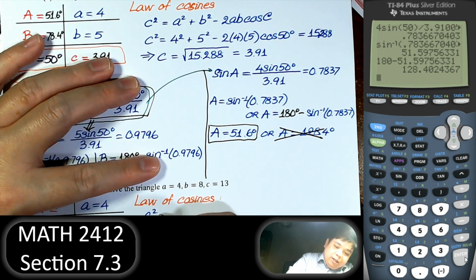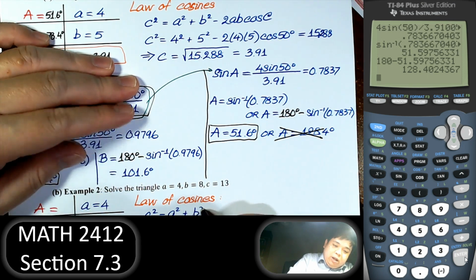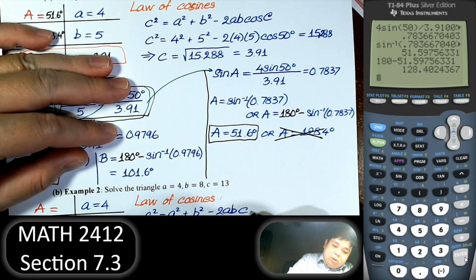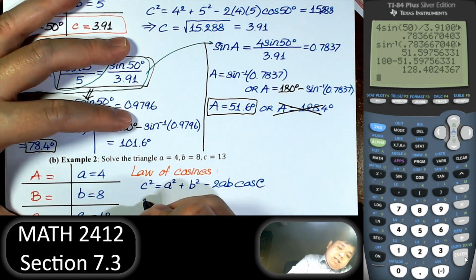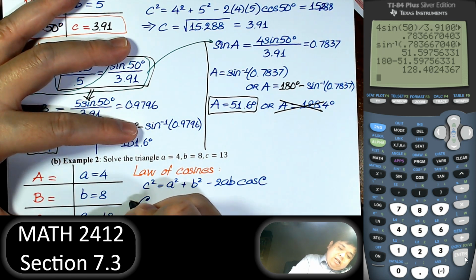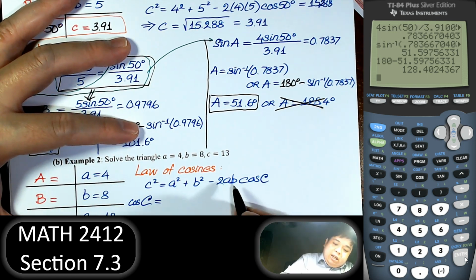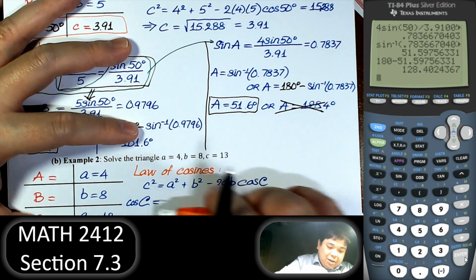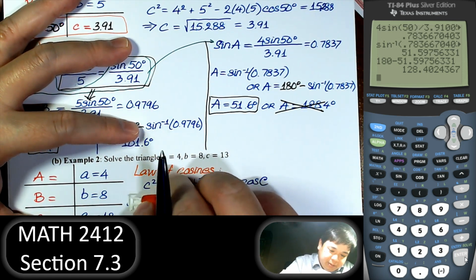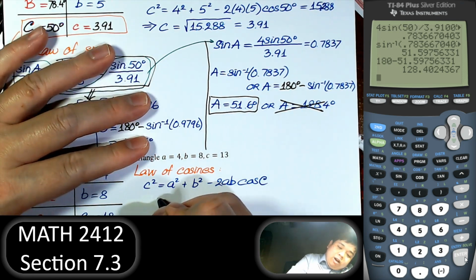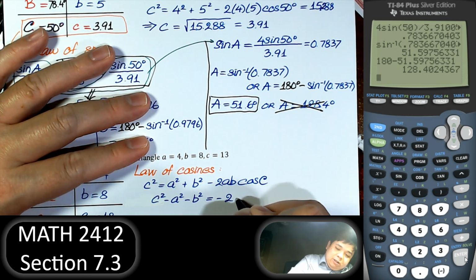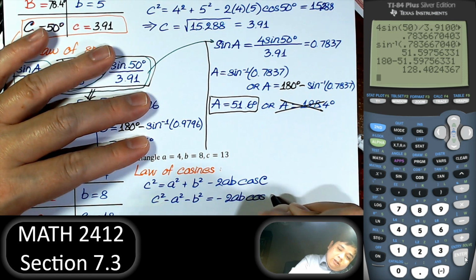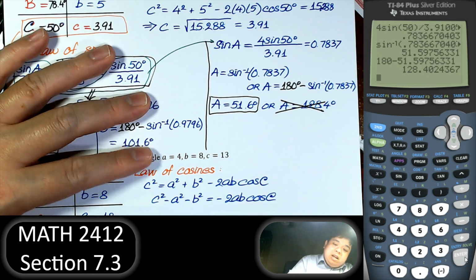C squared equals A squared plus B squared minus 2AB cosine C. Right, so we know everything but the angle C. So we can say cosine C equals, step by step, subtract A squared and B squared to the other side, and then divide by negative 2AB.